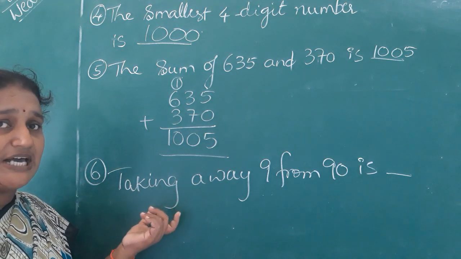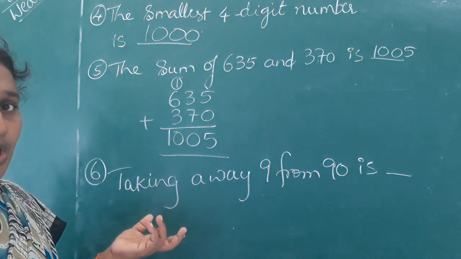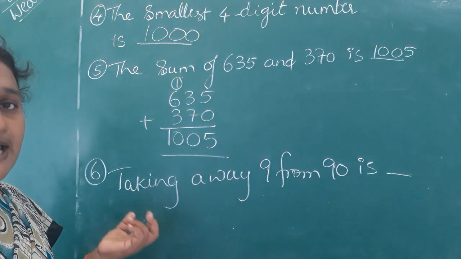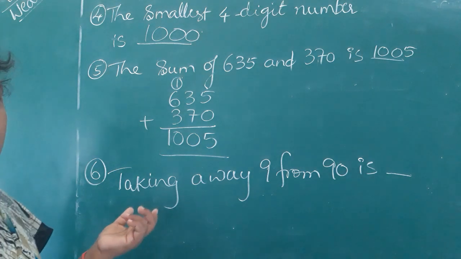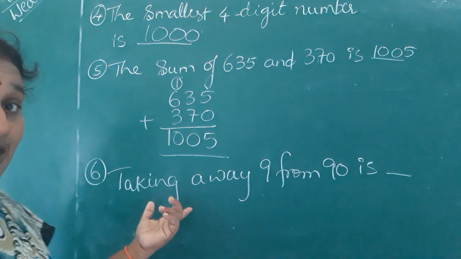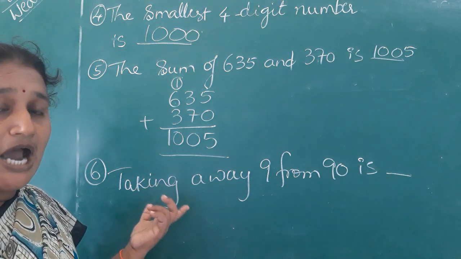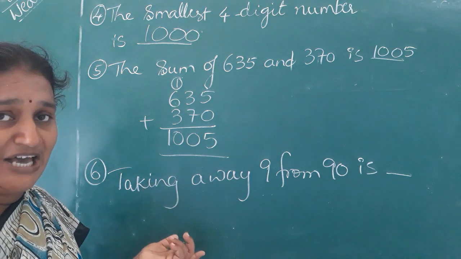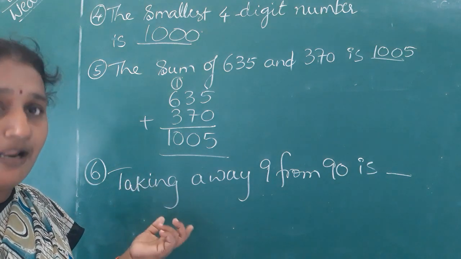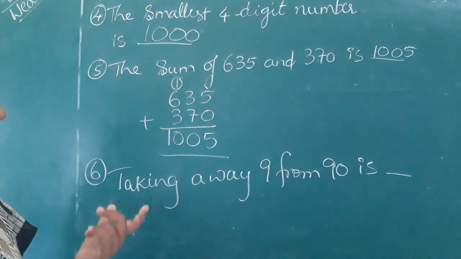Already in the previous class we told you, if they ask sum of, total, all together, in those cases we do addition. But now they are asking taking away. Taking away, how much more, how much left, how much less, like that, if they ask in the question, we go through subtraction.